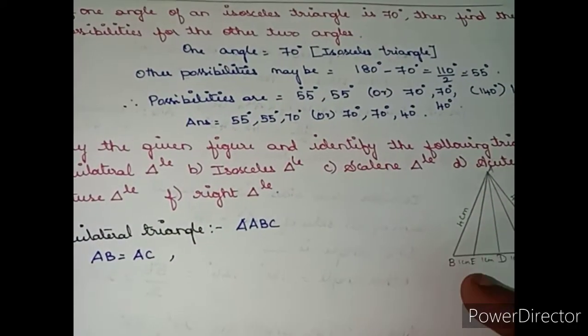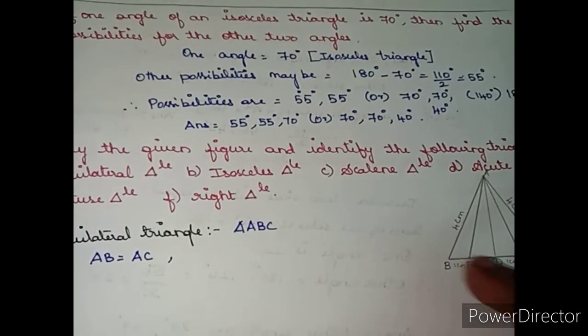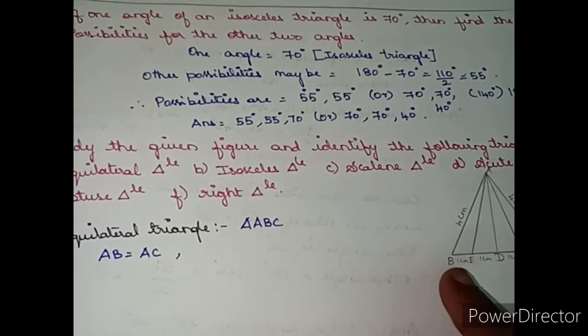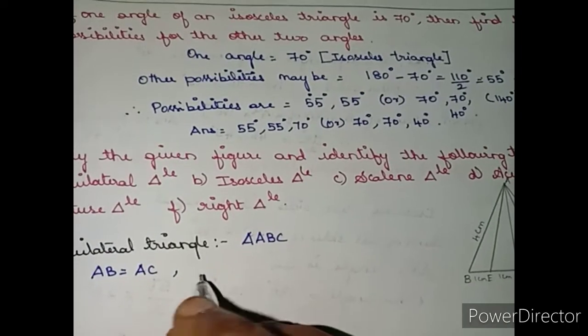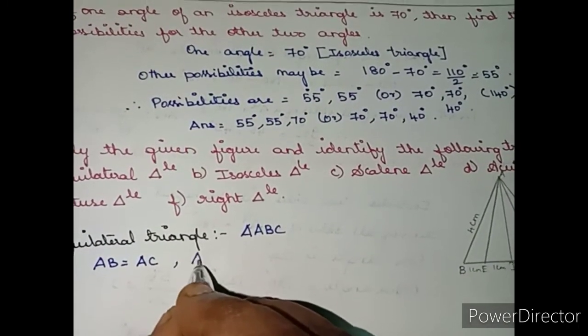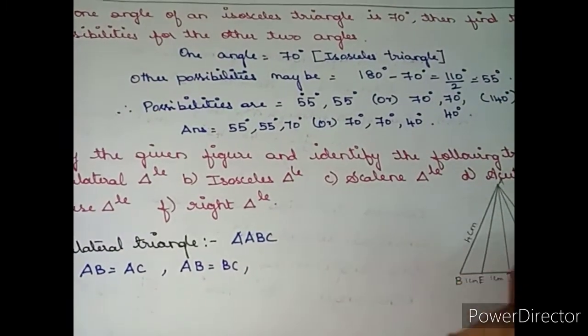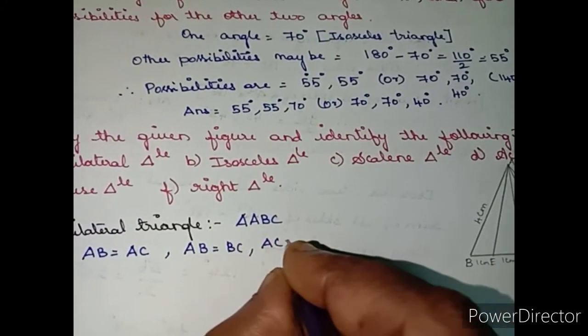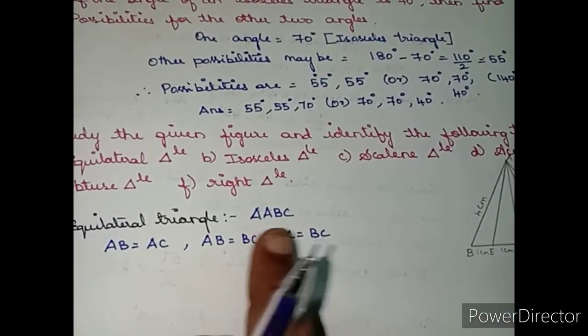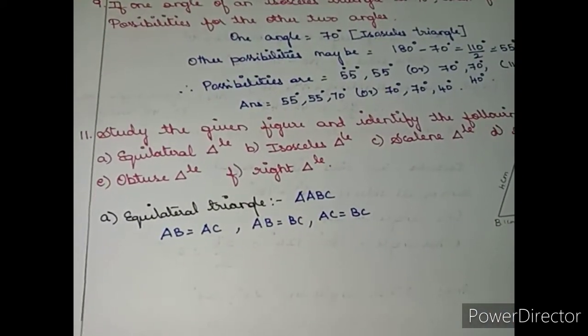Then AB and BC, this is also 4 cm. So, AB is equal to BC. So, we know AC is also equal to BC. So, it is an equilateral triangle.